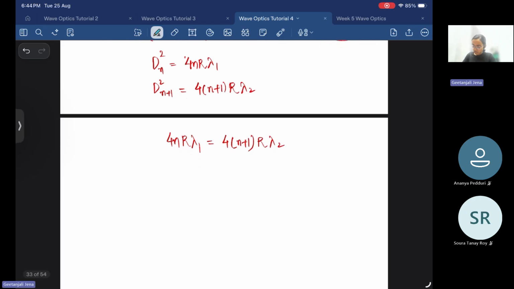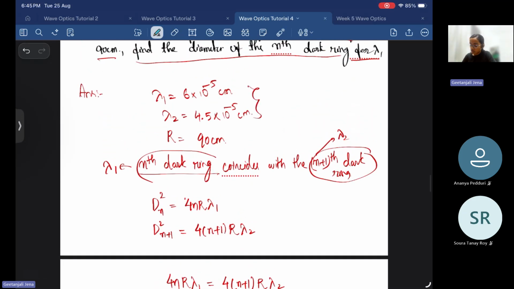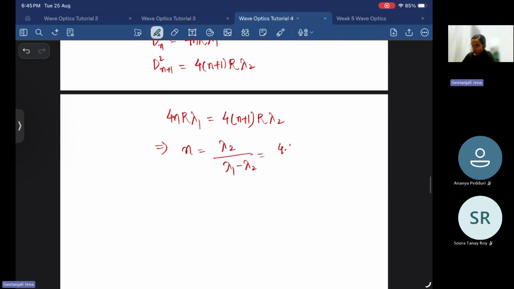If you rearrange it, we get n equals lambda 2 over lambda 1 minus lambda 2. The values of lambda 1 and lambda 2 are given: 4.5 into 10 to the minus 5 and so on.